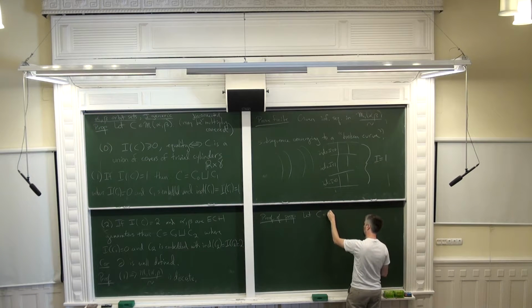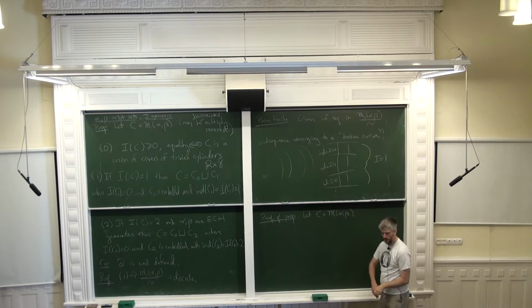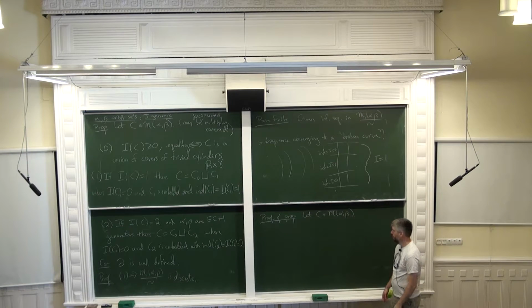Let's see, the curve in alpha beta. Maybe it's disconnected, or the domain is disconnected.